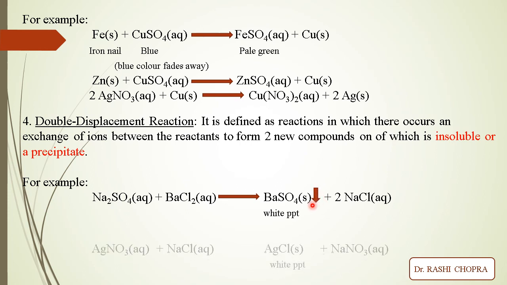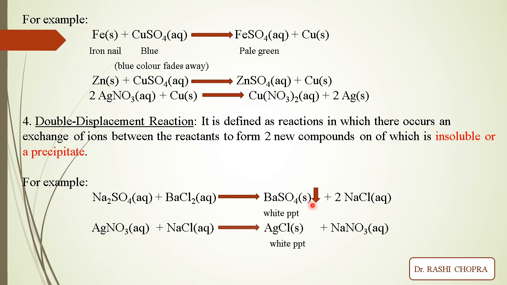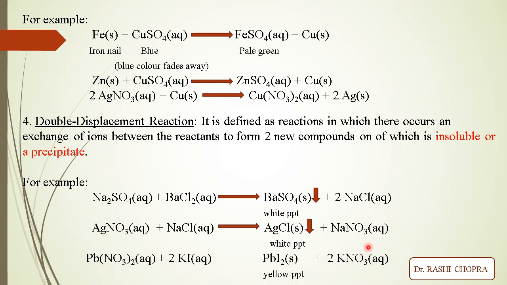This is the prerequisite. Another example: if you take silver nitrate solution and add sodium chloride solution, you will see the formation of a white precipitate of silver chloride, remaining in the solution itself. Another example, also an activity in your NCERT book: take 1 to 2 ml of lead nitrate solution and add potassium iodide solution dropwise.